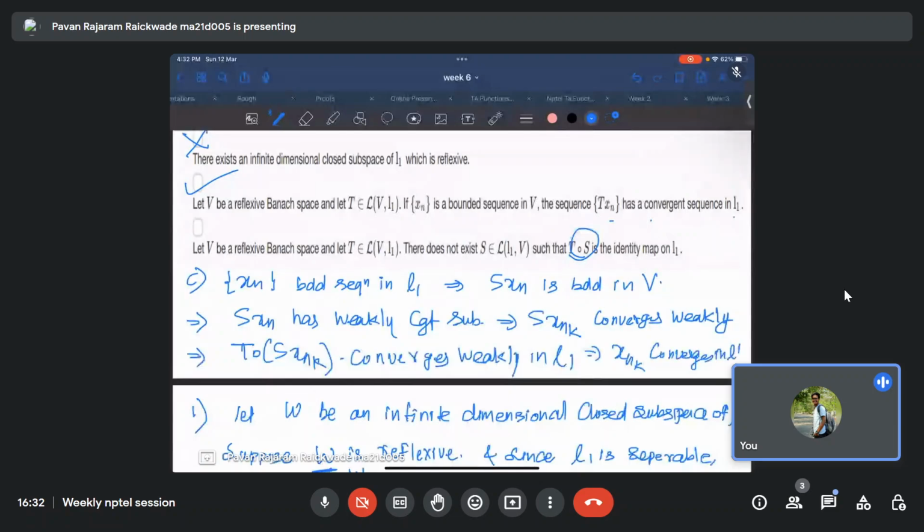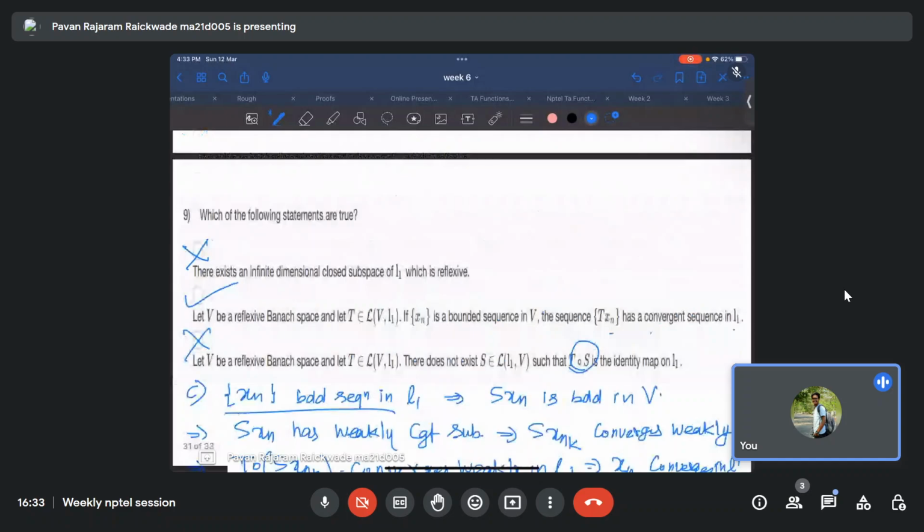So we started with a bounded sequence and got a convergent subsequence also. That means every bounded sequence has a convergent subsequence. That is not possible because the unit ball of L1 is not compact. So this option is wrong. Okay, so we're done with the ninth.